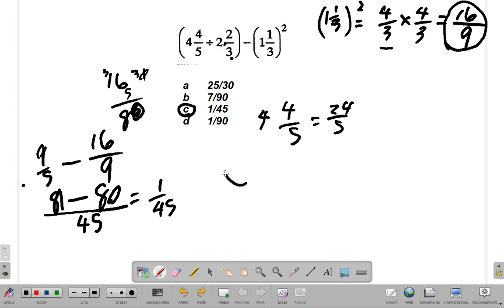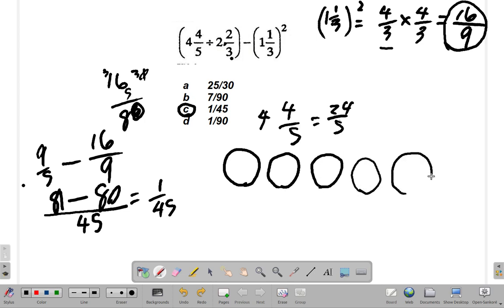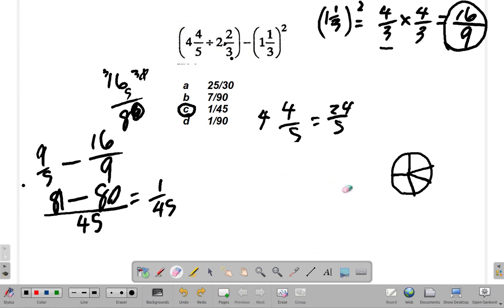You have 4 wholes. 1, 2, 3, 4. Then you have 4/5. If I should divide this up into fifths, I have this, and it's 1, 2, 3, 4, 5.